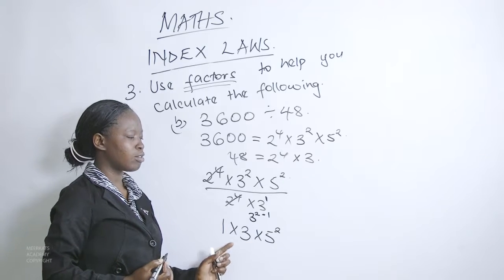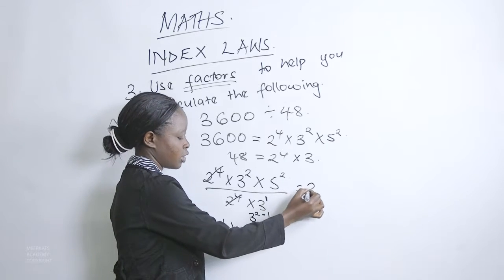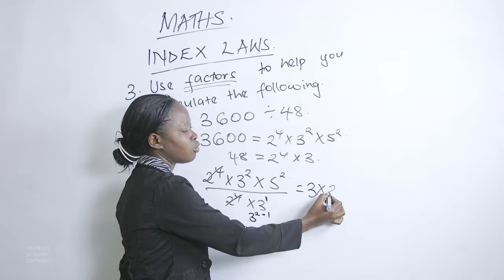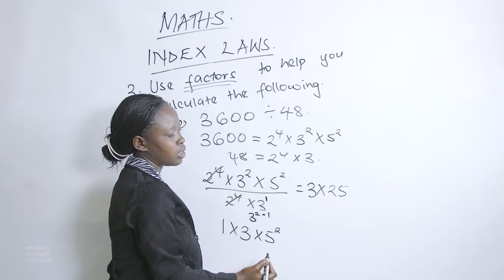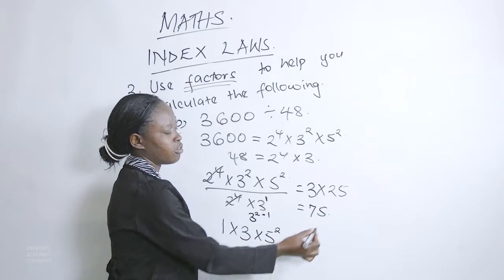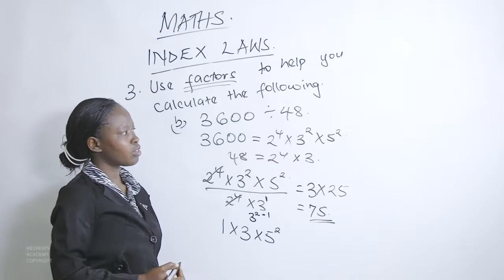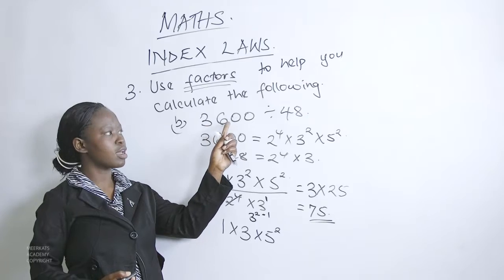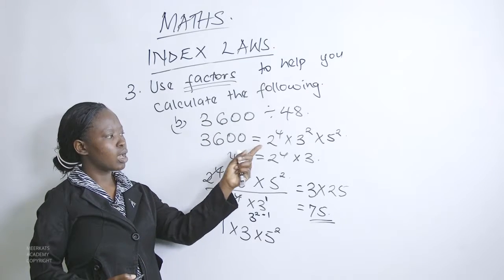We can go ahead and simplify this. This is the same as 3 times 5 to the power of 2 is 25. Then 3 times 25 gives us 75. So in this case, I've been required to change my 3,600 to a base.